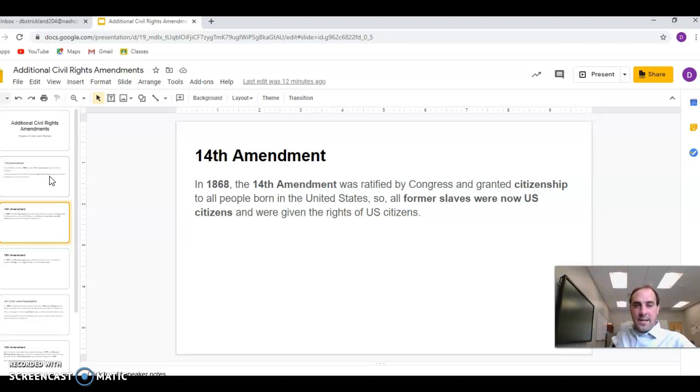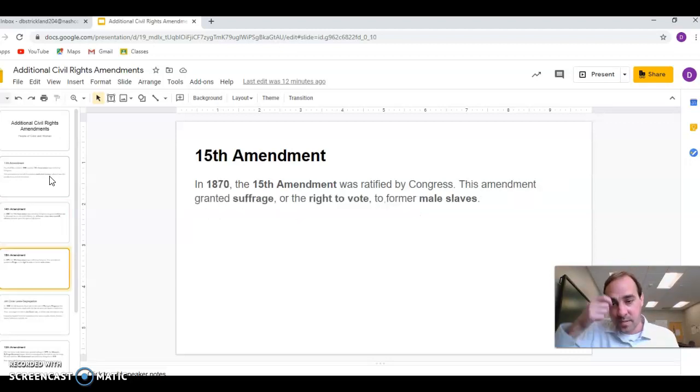Three years later, in 1868, the 14th Amendment was passed, and that gave citizenship to all former slaves. And that was because they were born in the United States, and this amendment stated that if you were born here, you're a citizen here, regardless of previous conditions of servitude. So we've got still mid-1800s.